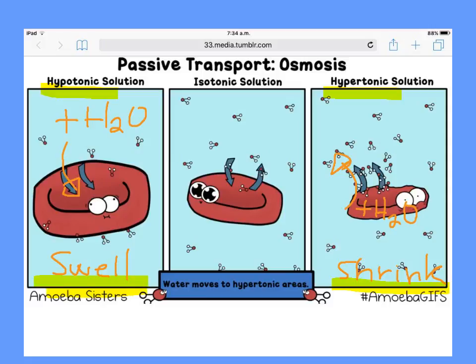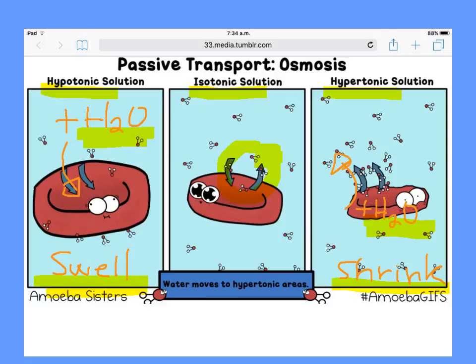Now, this is not magic, remember, it always follows a gradient of the concentration of the substances, in this case, the solids and the solvent, which is water. Now, isotonic solution, which is most of the body fluids that we have inside, will have a constant, equilibrated movement between outside and inside the cell.